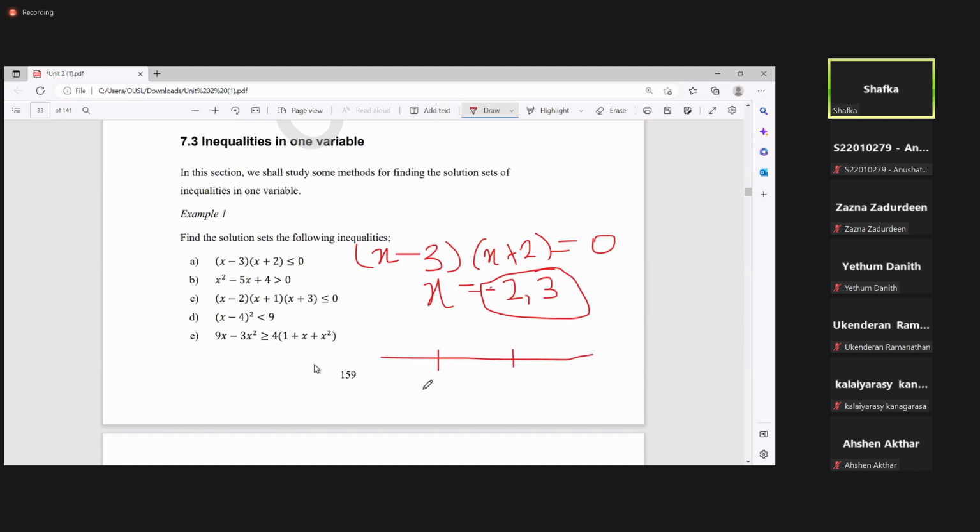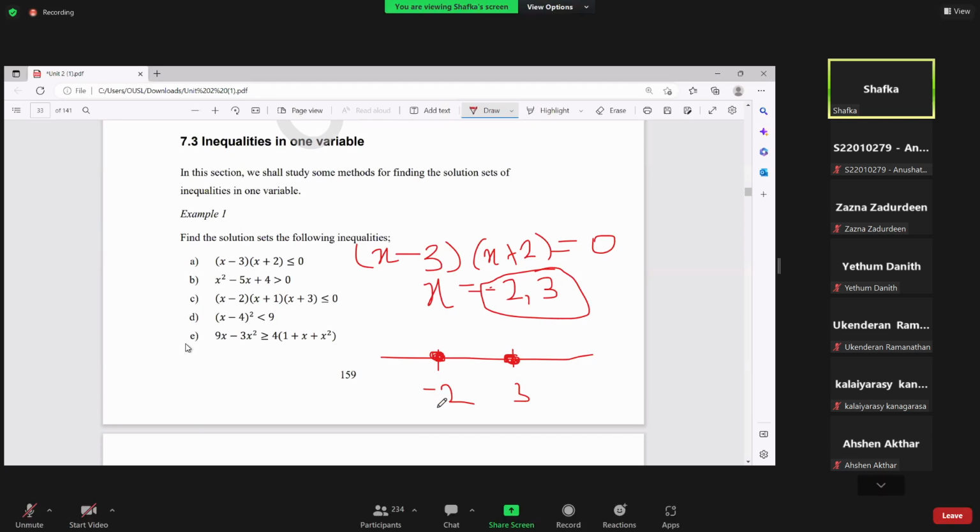Now we found the critical points minus 2 and 3. Since we have a less than or equal sign, we can include minus 2. What happens at x equals minus 2?